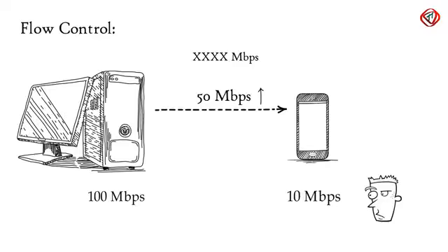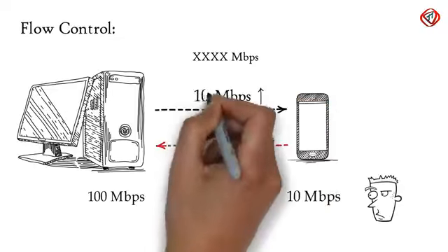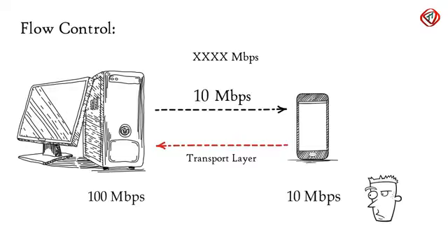So the mobile phone, with the help of transport layer, can tell the server to slow down the data transmission rate to 10 Mbps so that no data gets lost. Similarly, if the server is sending data at 5 Mbps, the mobile phone tells the server to increase the data transmission rate to 10 Mbps to maintain system performance.